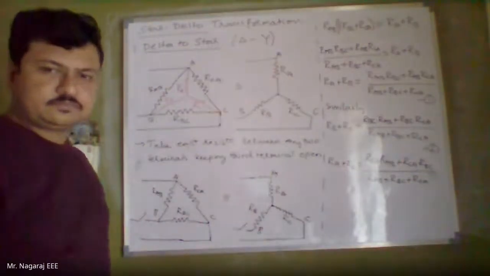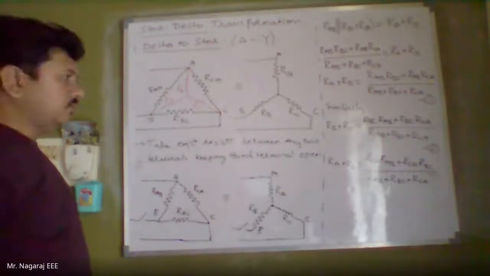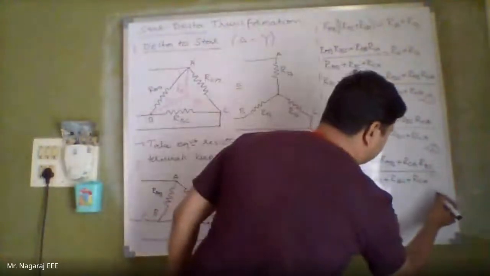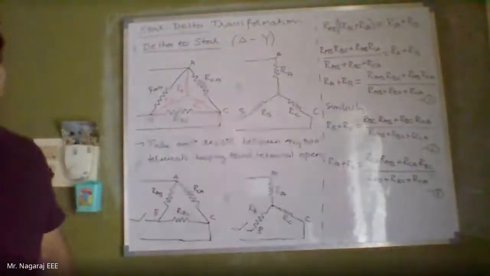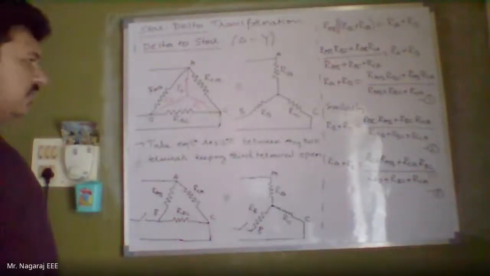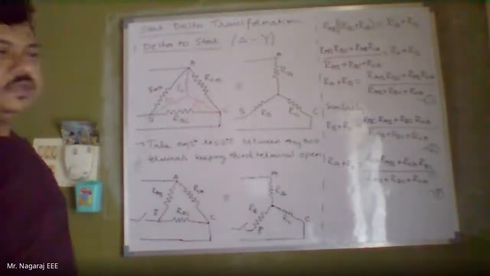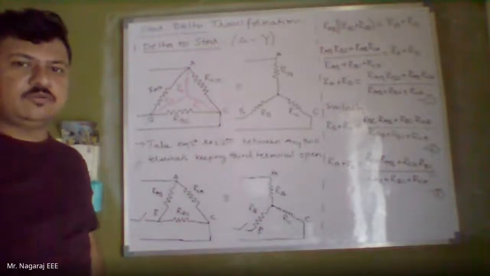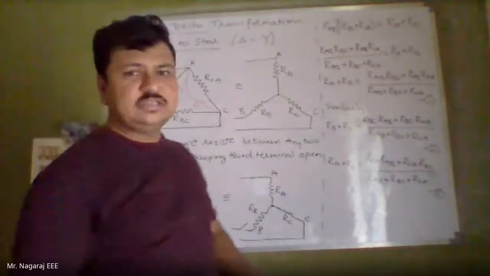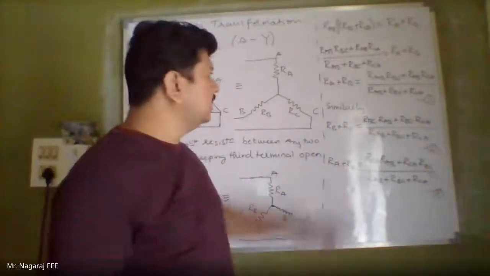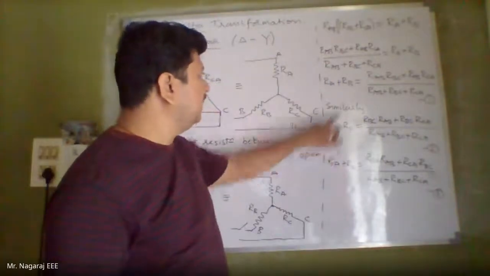Now take this as equation 3. Now if I subtract equation 2 from equation 1, as a result I will get an equation in terms of RA and RC, because RB and RB will cancel.